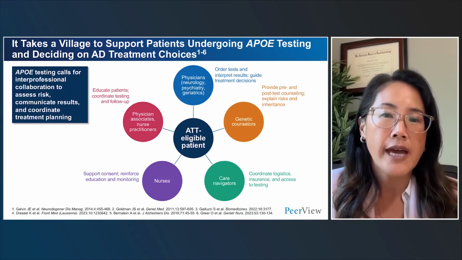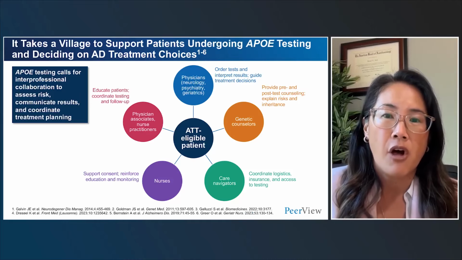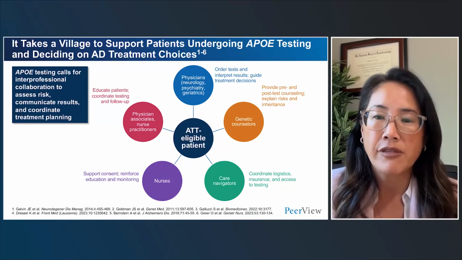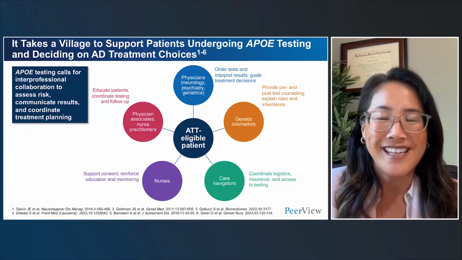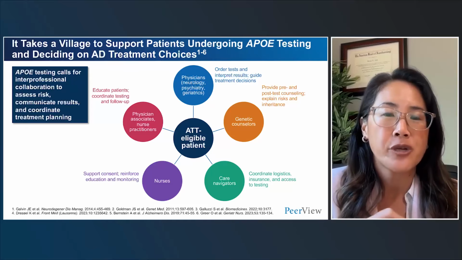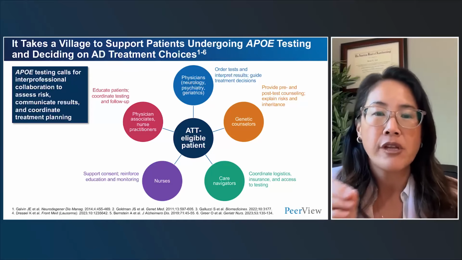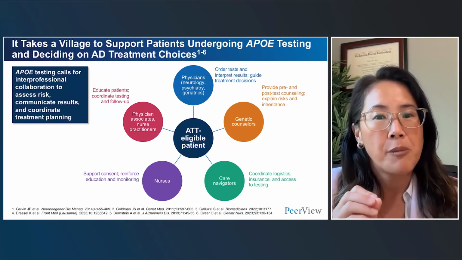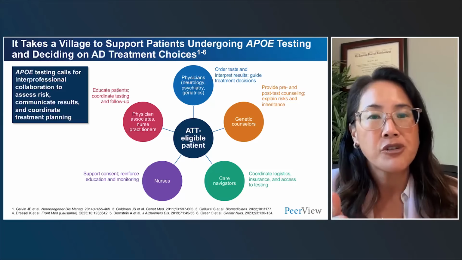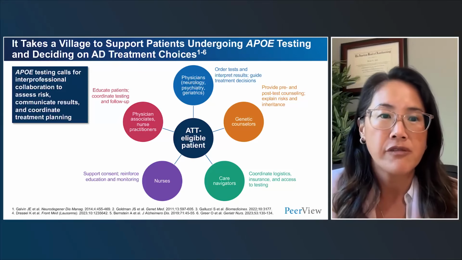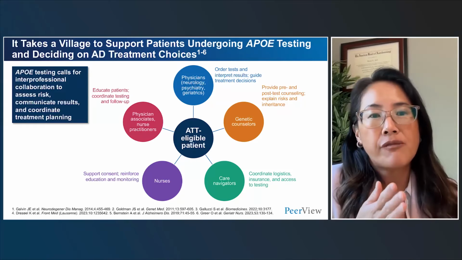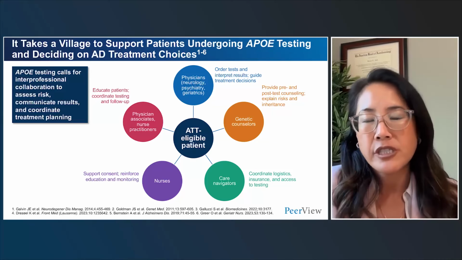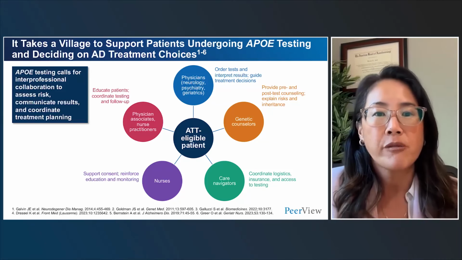And as we go through this process, it's key to think about all of the multidisciplinary care that's involved in counseling and treating and continuing the workflow, not only when we're determining whether a patient is appropriate for the therapy, but as we continue to administer the therapy and monitor for their safety. So the APOE4 genotyping and just the testing in general is part of the process.